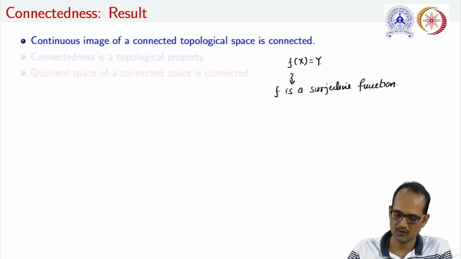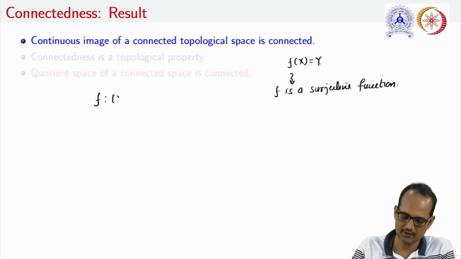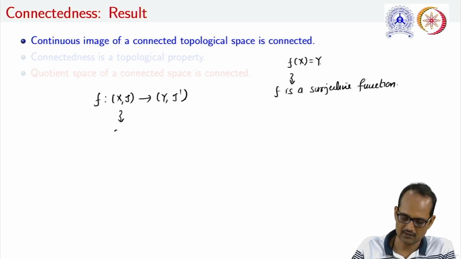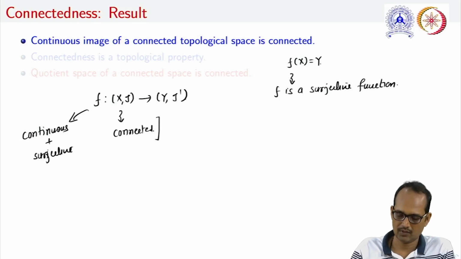Then what we can say is that if f is a continuous surjective function from a topological space (X, τ) to (Y, τ'), where this (X, τ) is connected, and this function we have already assumed is continuous plus surjective, then we can say that this (Y, τ') is also connected.